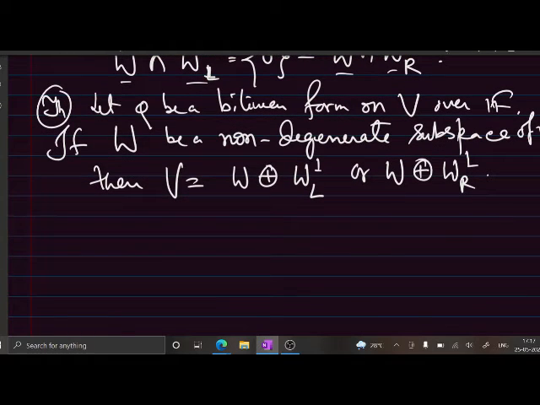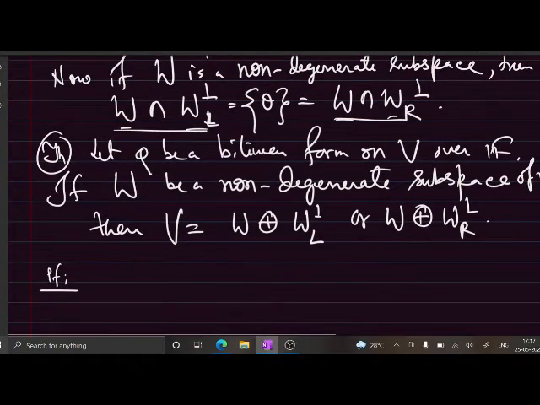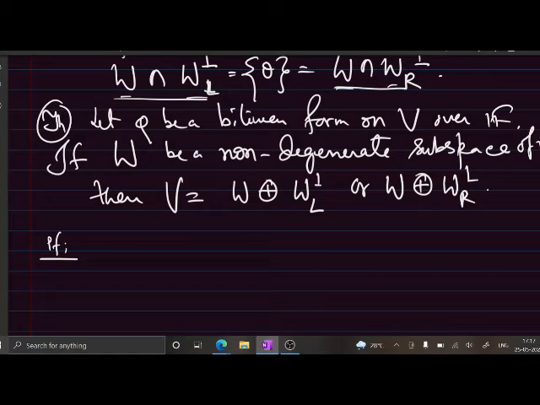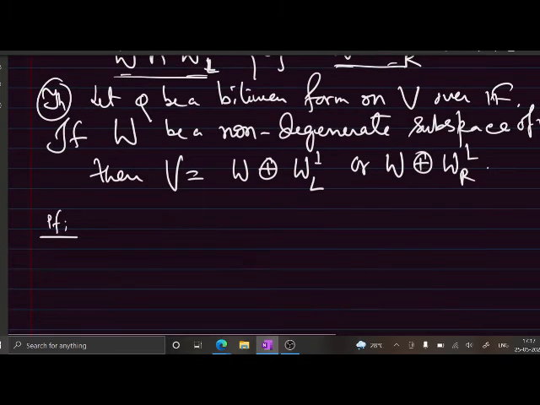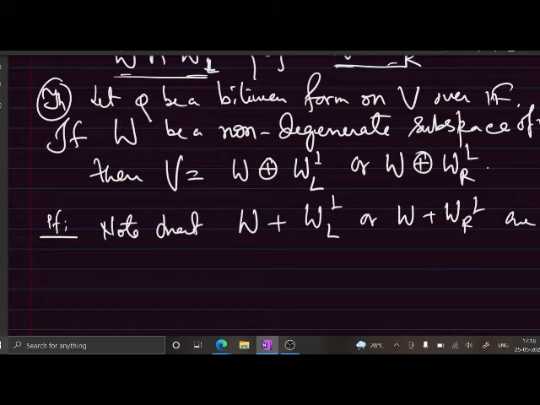Now, why is it true? What is the scheme of the proof? Since W is non-degenerate, W intersection W left perp is singleton theta, and W intersection W right perp is singleton theta. That means the sum of these two subspaces is direct. So note that W plus W left perp or W plus W right perp are direct sums.